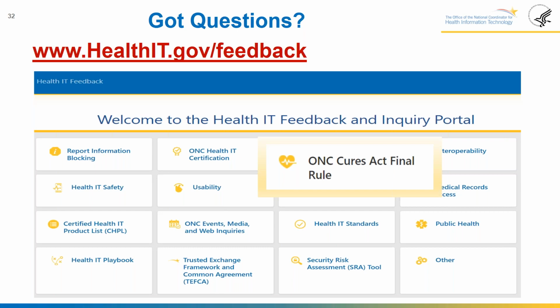If you have questions or feedback in these other categories, please feel free to put them in there. But if your question in any way is about how the rule relates to anything or what the rule's implications are for any particular topic, it'll get routed to the right people to look at it most quickly if you put it in the Cures Act final rule category, because that is basically how we use the categories, to facilitate efficient routing of the inquiries and the feedback.